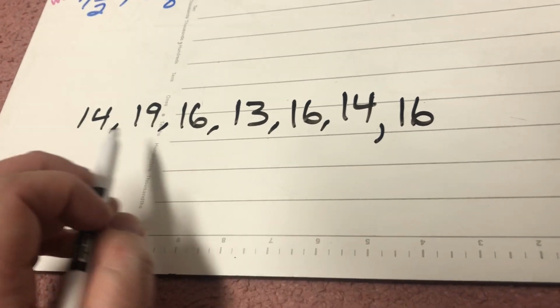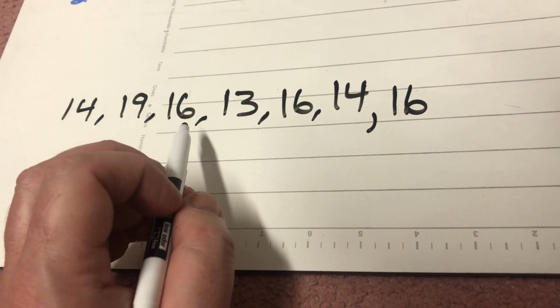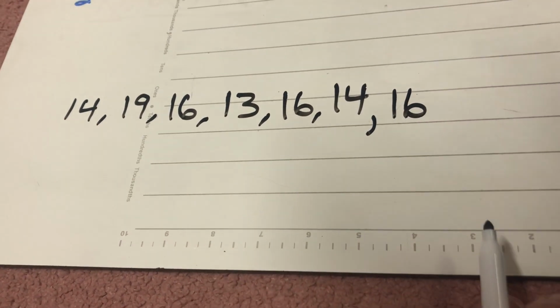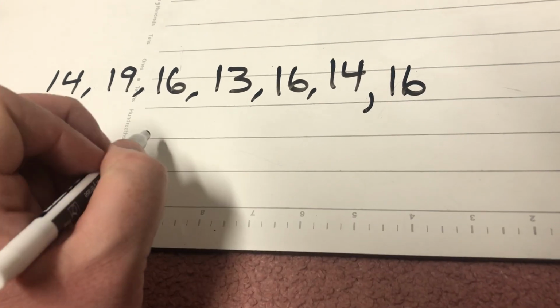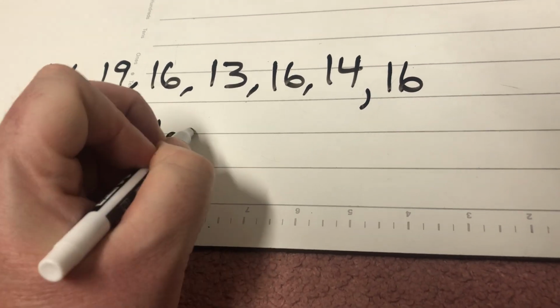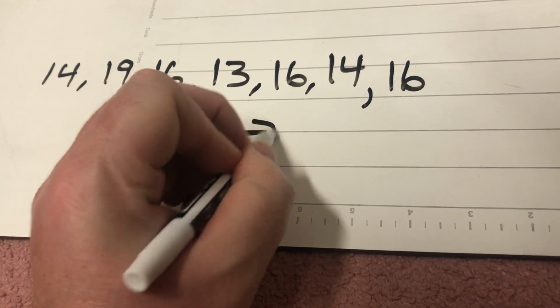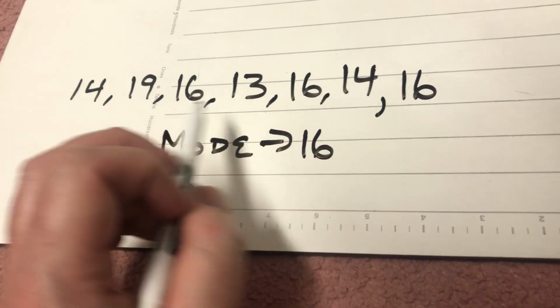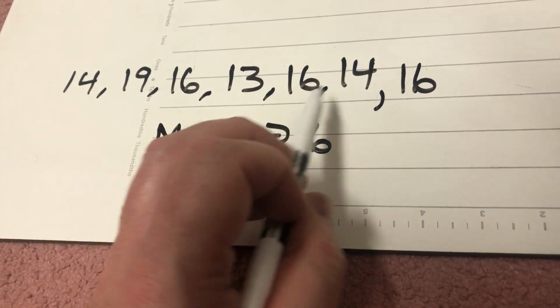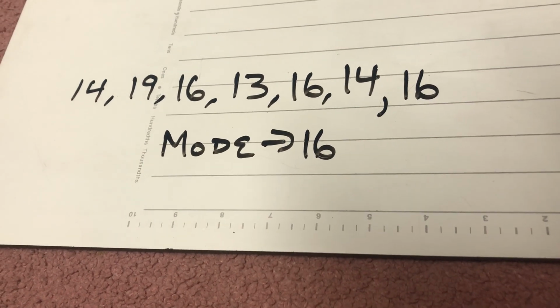Now we'd still have 2 14s, but now we have 1, 2, 3 16s. And that would make, in this case, the mode, or the number that occurs most often, 16. 14 is no longer a mode because it only occurs twice, and 16 occurs 3 times.